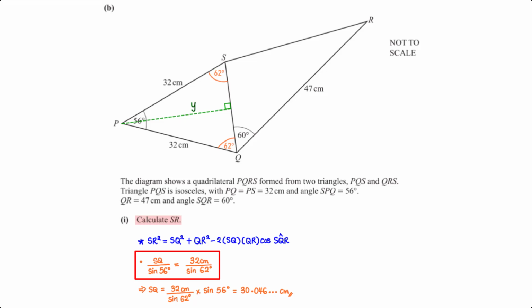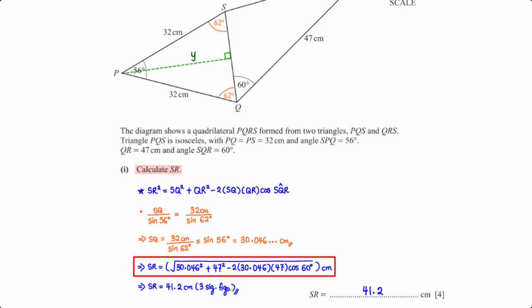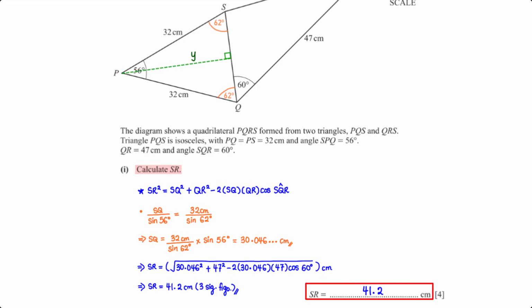When we make SQ the subject, this is what we have, which is equal to 30.046 centimeters. So now we make SR the subject and plug in the values of SQ, QR, and angle SQR into the initial equation. When we type this into the calculator, we get 41.2 centimeters rounded to 3 significant figures.